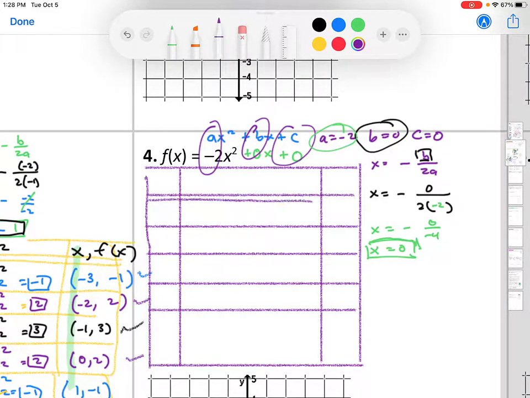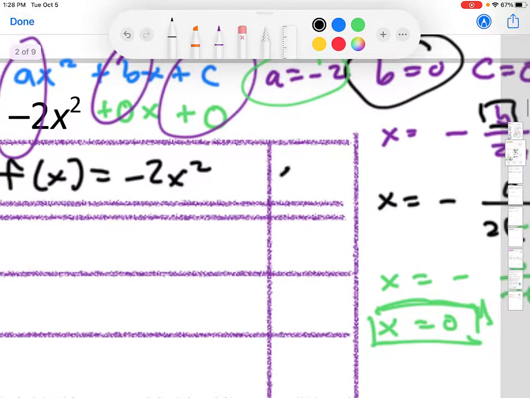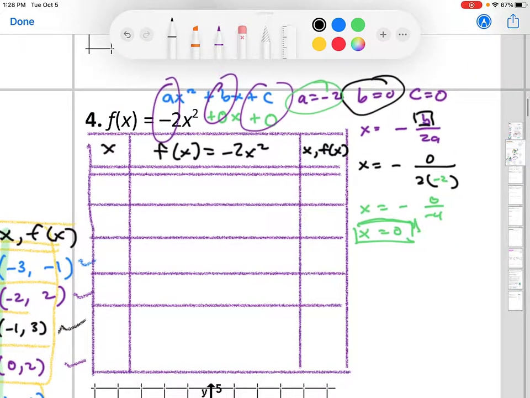And let's draw one right there. That's so cool. All right, f of x equals negative 2x squared. And over here, it's kind of tight, but it's the ordered pair. Okay, so put your finger on where that value should go. This one should go in the middle here. Why?